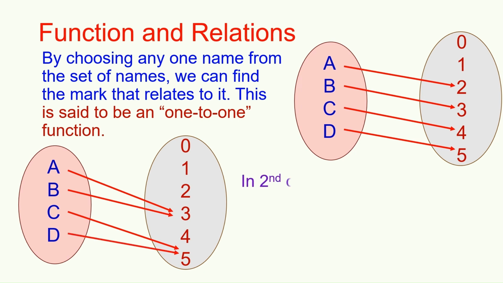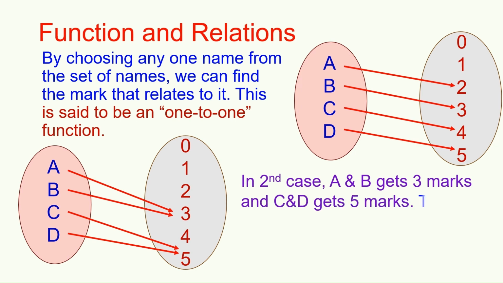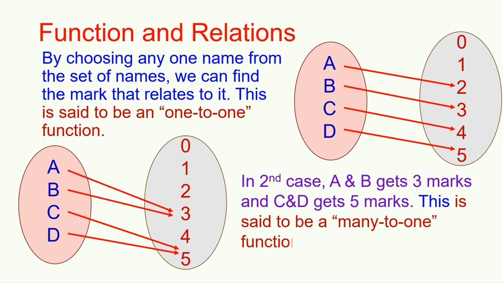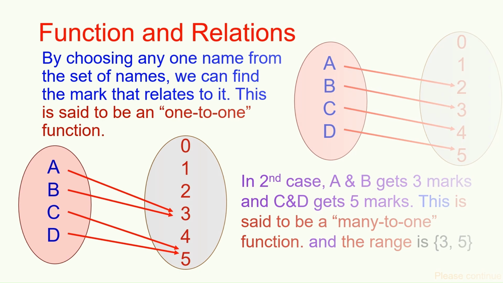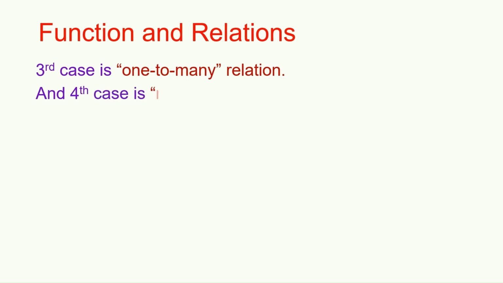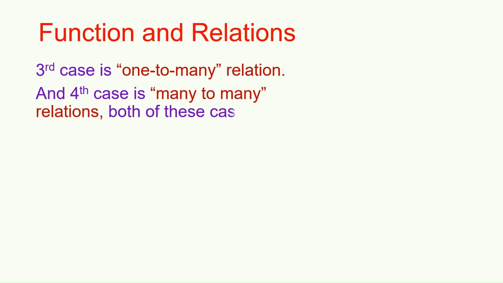In the second case, A and B get 3 marks, and C and D get 5 marks. This is said to be a many-to-one function, and the range is 3, 5. The third case is a one-to-many relation, and the fourth case is a many-to-many relation. Both of these cases are not functions.